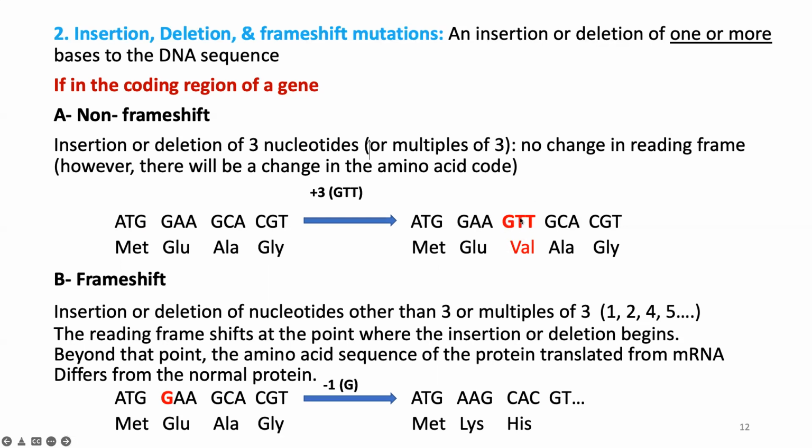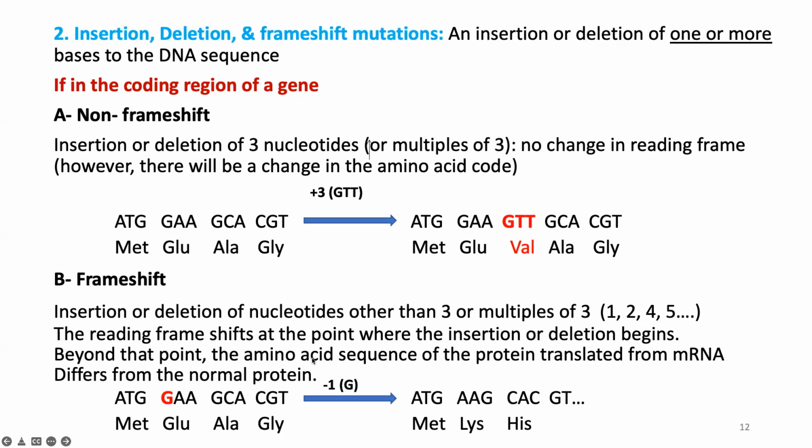However, a frameshift means an indel, or insertion or deletion, of any number other than 3 or a multiple of 3. For instance, insertion or deletion of 1 nucleotide, 2, 4, 5. This will result in a change in the reading frame. Beyond the point of mutation, as we can see, the whole thing will change, because we know that the code for an amino acid is 3 nucleotides.